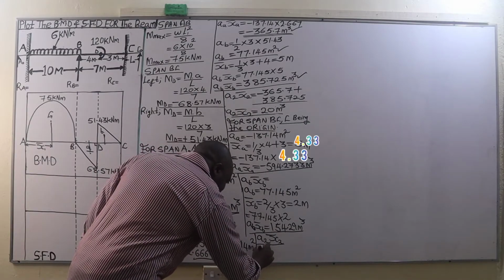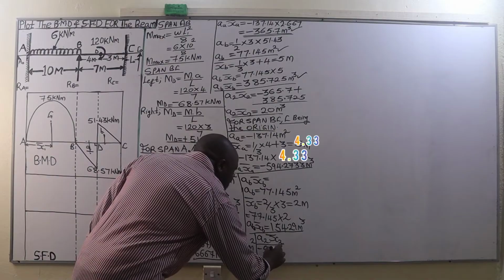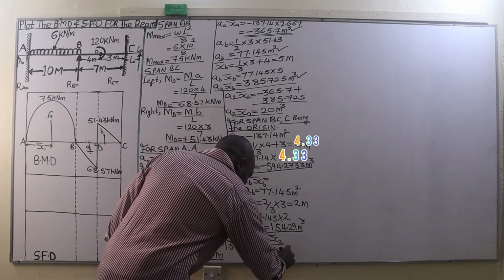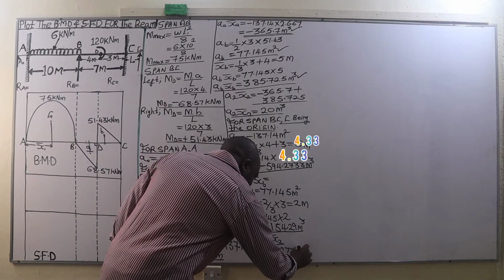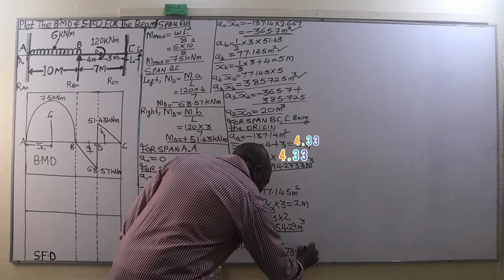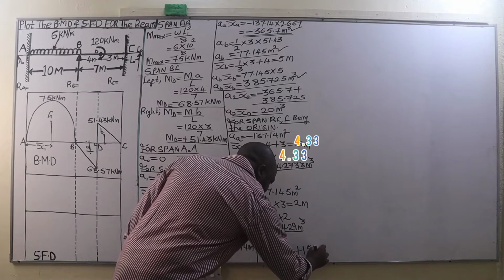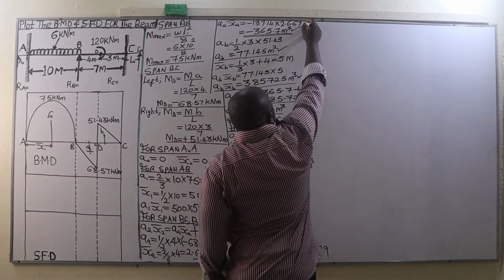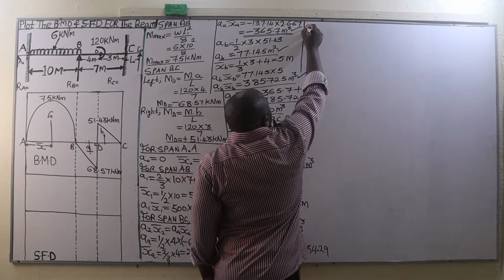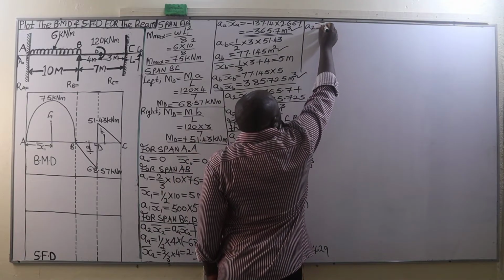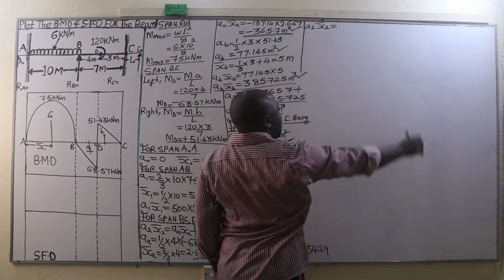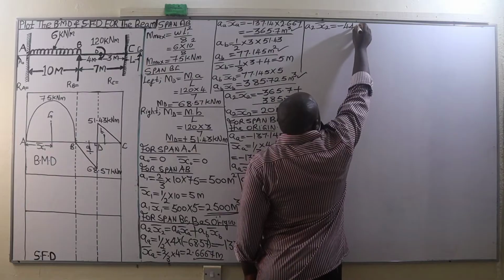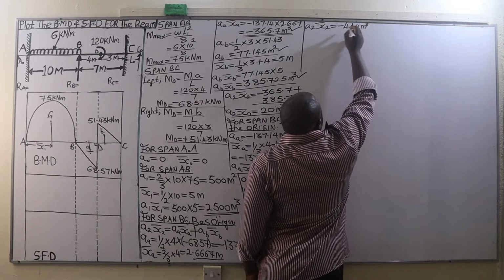That is negative 594.273 plus 154.29, which in this case will be equal to A2 by X2 equal to negative 440 meters raised to 3.